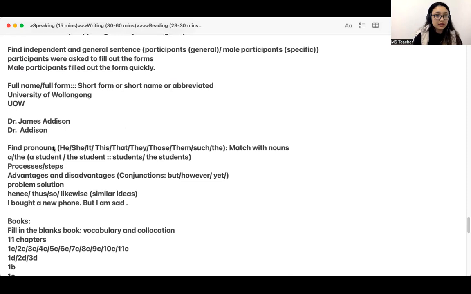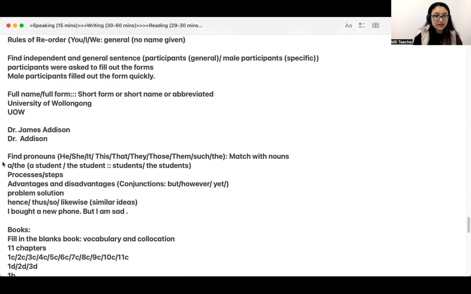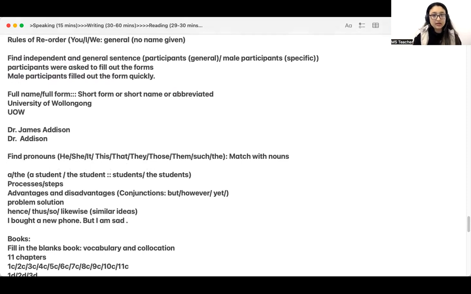That is one rule. The next rule is finding the pronouns. These are all examples of pronouns: he, she, it, this, that, they, those, them, such, the. We can take these as pronouns as well. Now after finding them, what are you supposed to do?